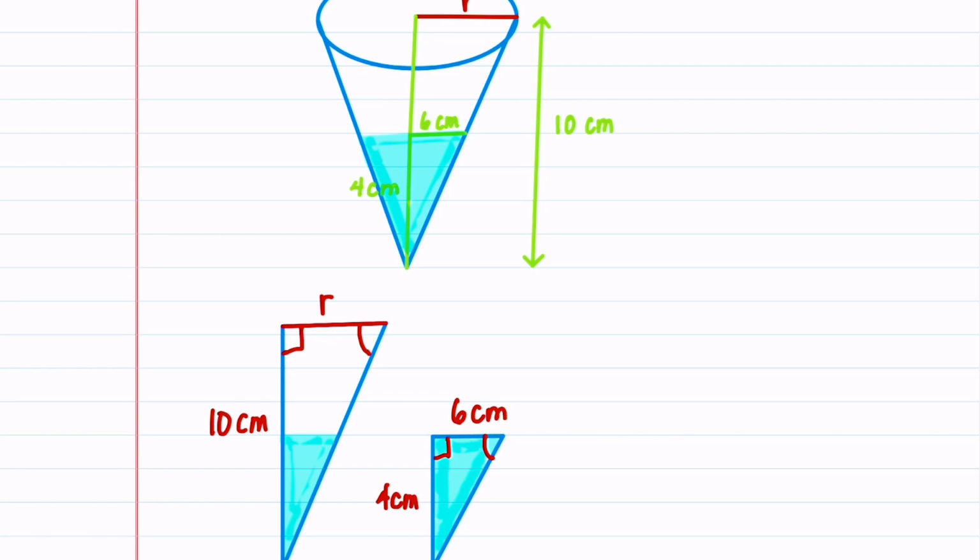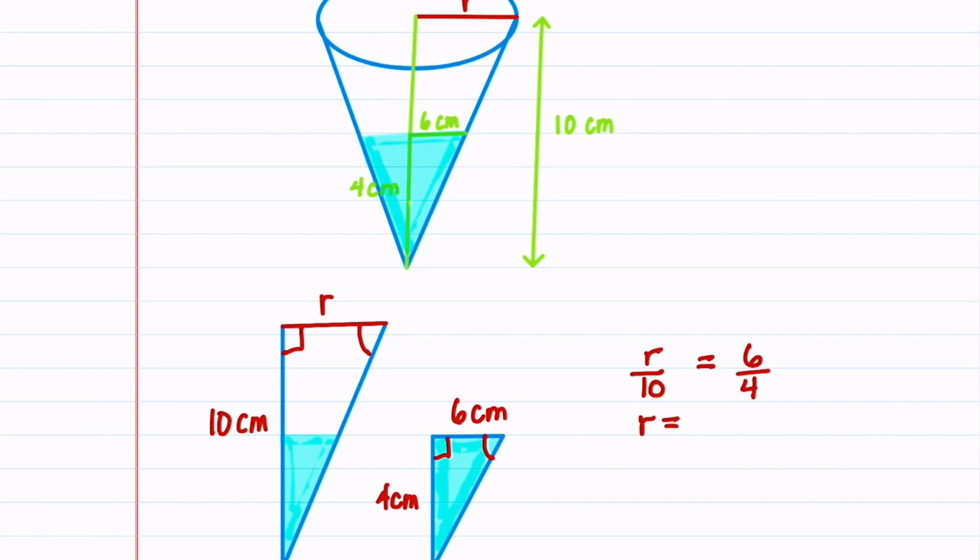So we can write that proportionality as r is to 10. The top side is to the left side as in the small triangle, the top side is to the left side. We'll multiply both sides of the equation to solve for r.